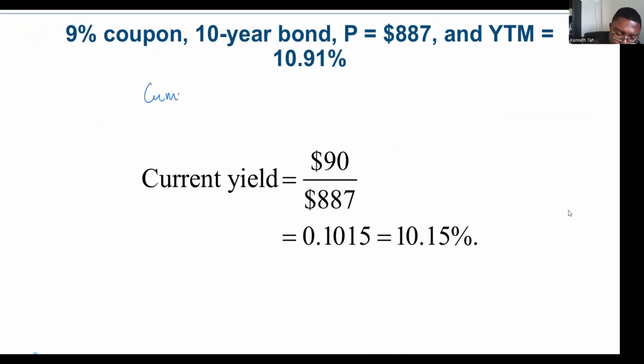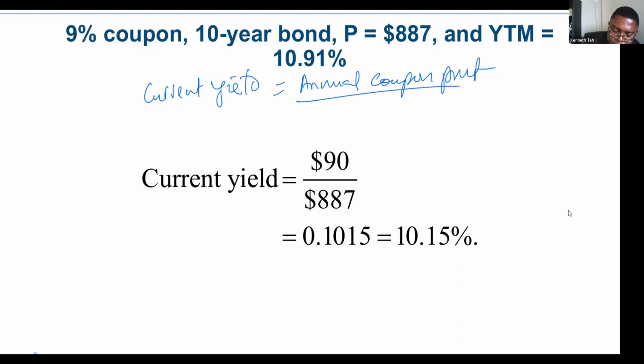From the formula we just discussed, the current yield is equivalent to annual coupon payment divided by current price. This is a 9% coupon, and it is assumed that the face value is 1,000.